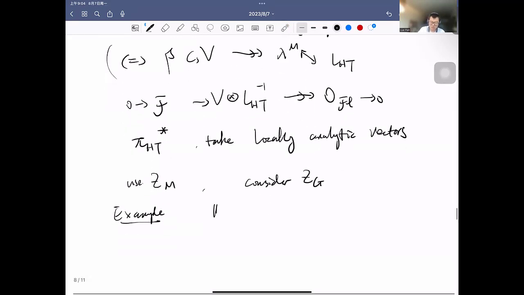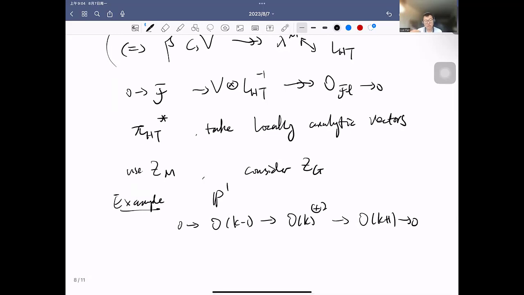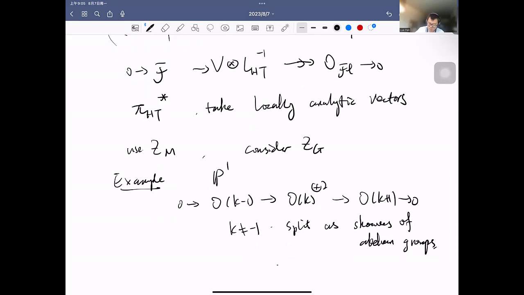The most well-known example is on P1, where you have a non-split exact sequence of vector bundles, but when k is not equal to -1, this is split as a sheaf of abelian groups, but non-split as vector bundles.